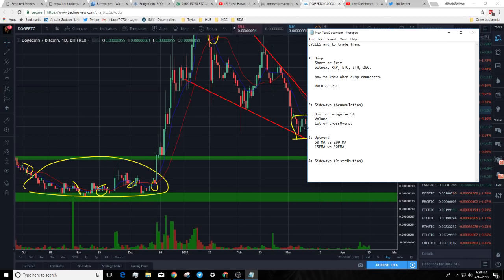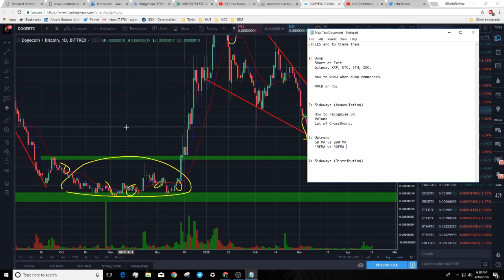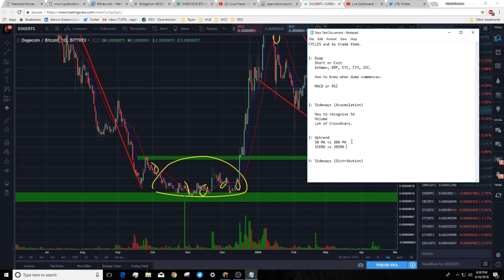The question then becomes, how do you trade these cycles? So let's say you're in a sideways accumulation, what do you do? It's kind of boring, it's just going sideways, you don't know what to do. Well, as we said with the dump, the best thing is just to short it or exit the market entirely.